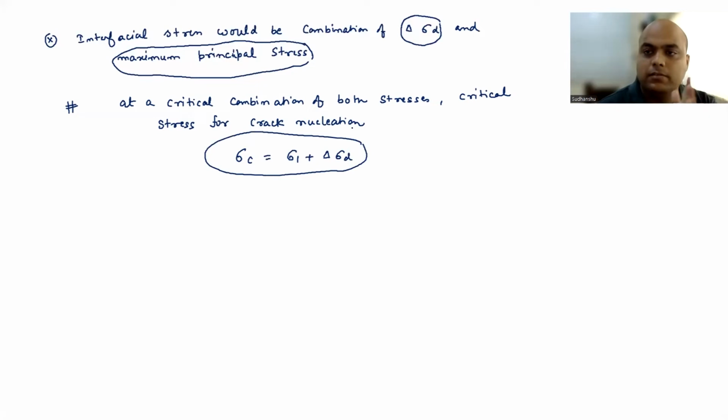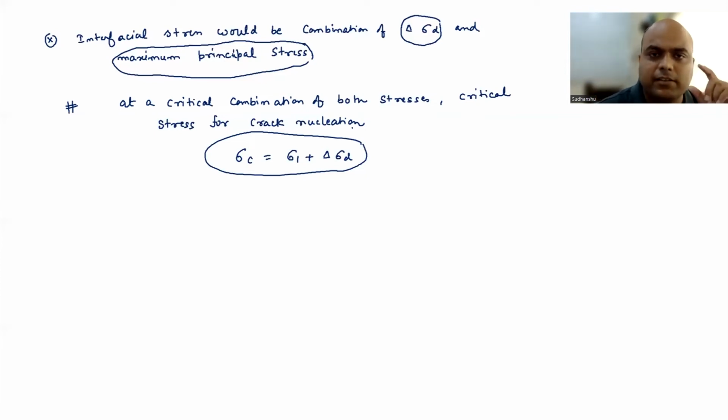So you are going to have a combination of sigma 1 and delta sigma d, and at a certain point you are going to reach a critical stress where you are going to see debonding of the interface, and that will lead to the void nucleation. Okay, so that is one way of understanding.